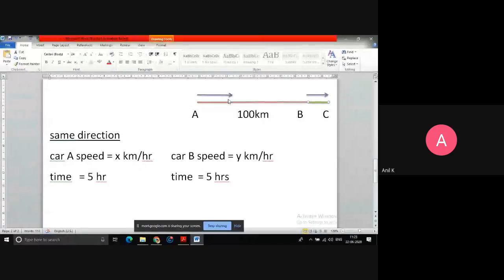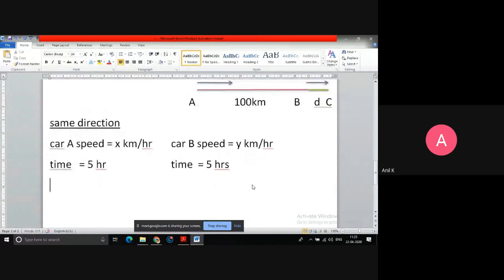Now, both are moving in the same direction. I don't know the distance traveled from B to C, so let me put this distance traveled as D. From B to this point, the travel distance is D kilometers. Now, can anyone tell me the distance traveled by car A?